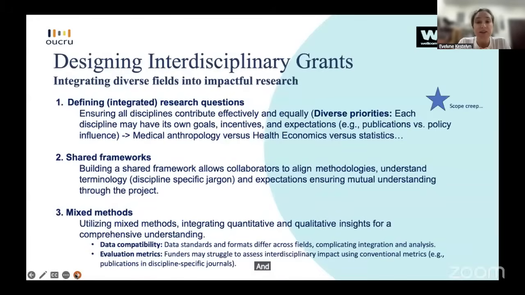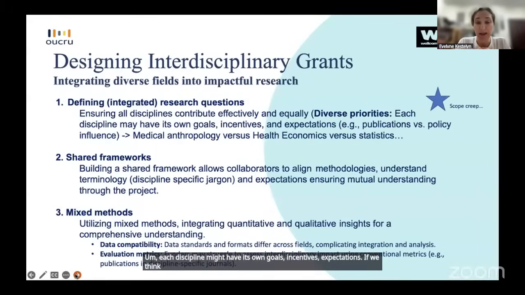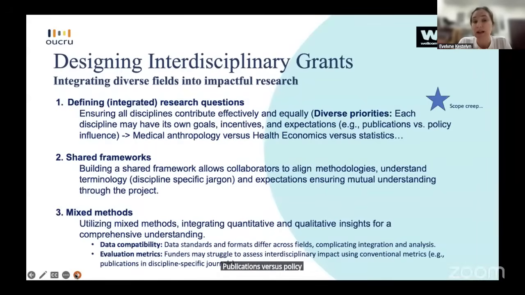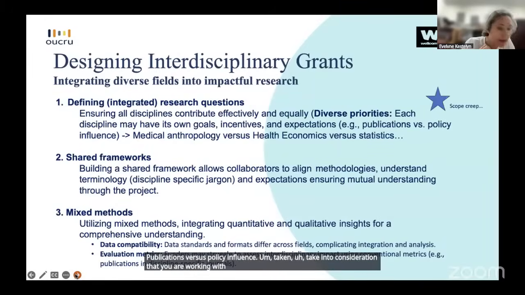And that is important because diverse disciplines have diverse priorities. Each discipline might have its own goals, incentives, and expectations. If we think, for example, about publications versus policy influence, take into consideration that you are working with a medical anthropologist versus a health economist.